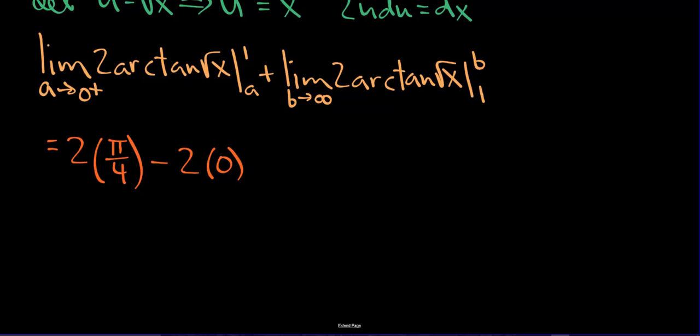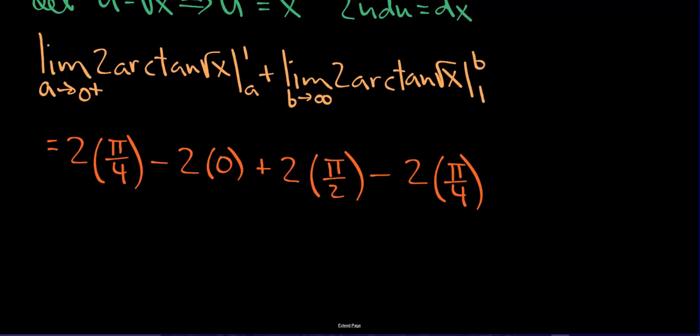Now, let's look at this other one. What is 2 arctan, as b goes to infinity, what is arctan? Pi over 2. So it looks like this is 2 times pi over 2, minus, what is arctan of 1? We talked about that a minute ago. So there we have it. There's our answer.